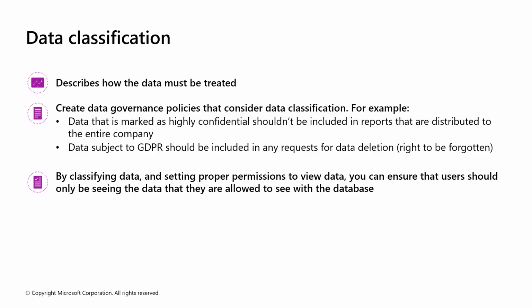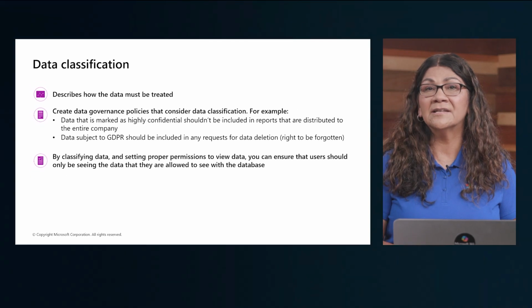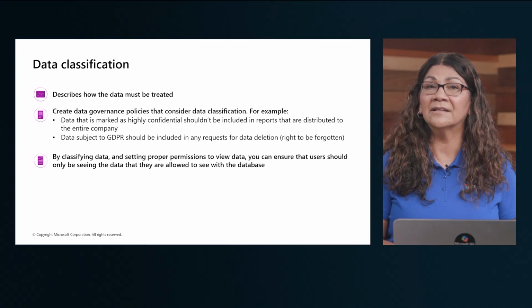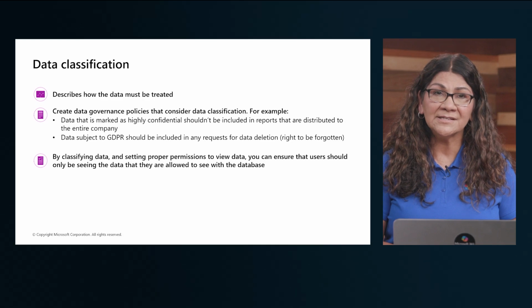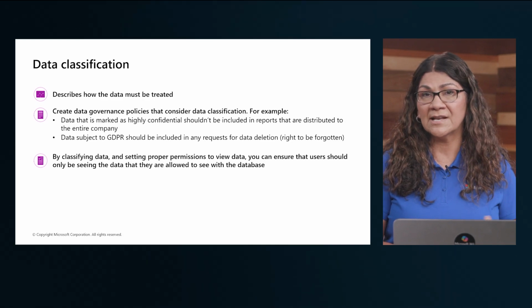This metadata, initially stored via extended properties in SQL Server Management Studio, is now maintained in the sys.sensitivity_classifications catalog. You can view that in SQL 2019 and later, and you can also use it inside of the Azure SQL Database.